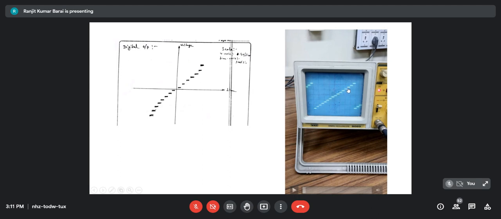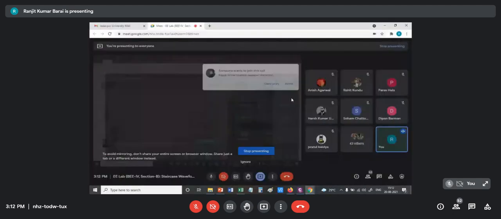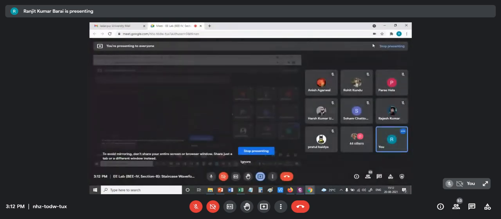If we remove that sample and hold from the output of the D to A converter, you will find only dots, not a staircase. After you incorporate that sample and hold circuit, this hold operation will hold this voltage at the beginning of each step and continue to hold till the next value arrives. Any doubt? No, sir. Good.